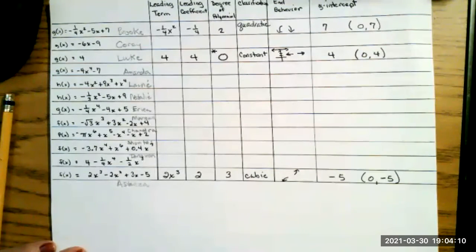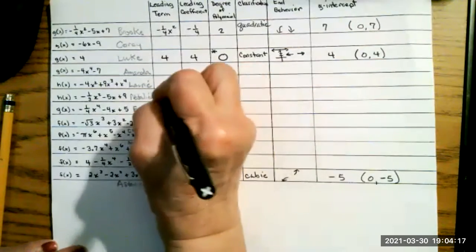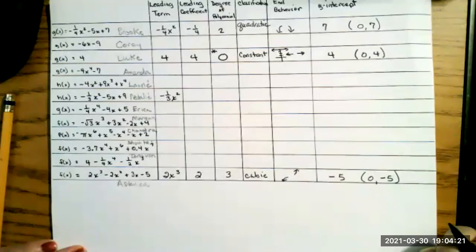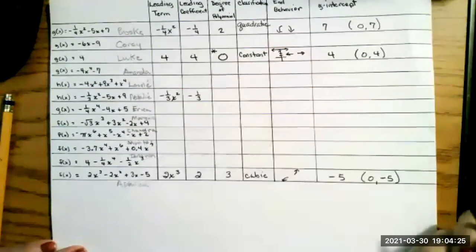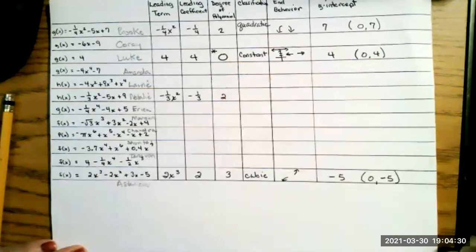Natalie? Okay, leading term is going to be negative 1/3 x squared. Yes. Leading coefficient is going to be negative 1/3. Yes. Degree is going to be 2. Good job.